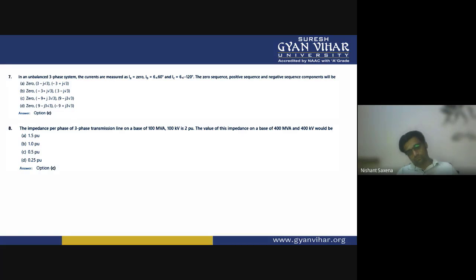I told you how to find them. You have the original phase values of the current. By applying the transformation matrix, we can identify the zero, positive and negative sequence components for the currents. When you calculate it using the transformation matrix, you will get the correct option as C, that is, the zero sequence component would be zero.